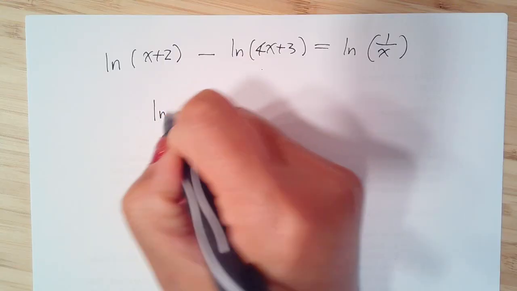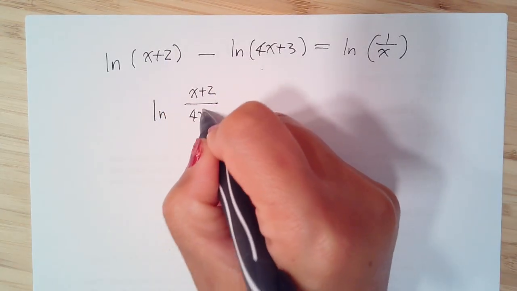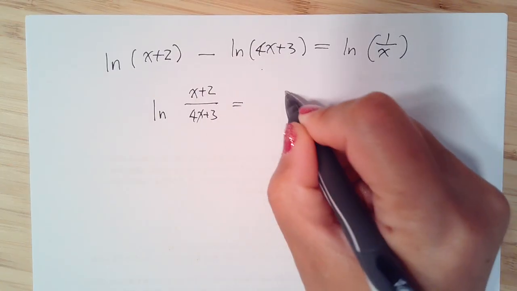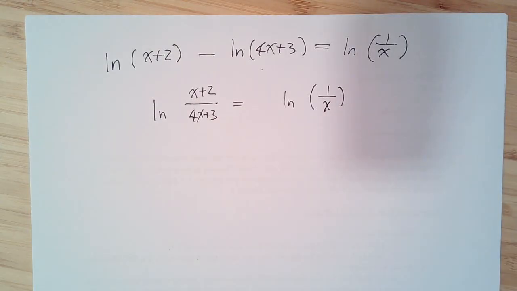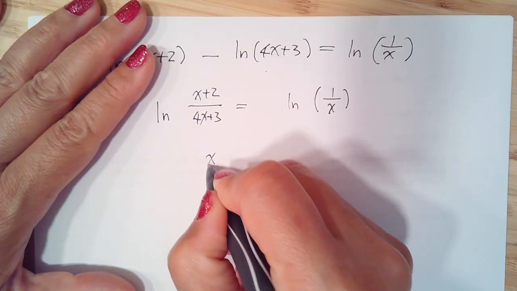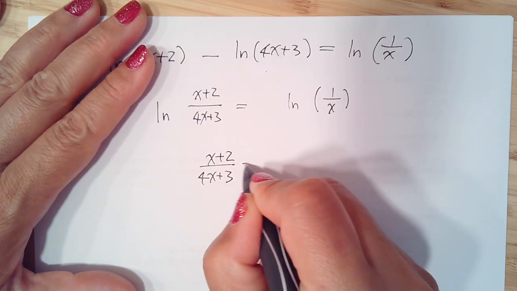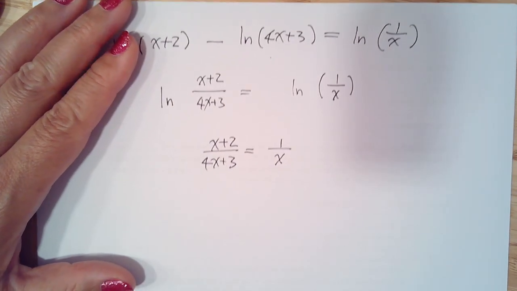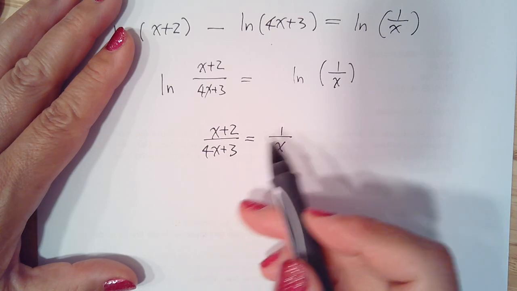So I get ln of x plus 2 over 4x plus 3 equals ln of 1 over x. Log a equals log b, which means a equals b. So we get x plus 2 over 4x plus 3 equals 1 over x. And then we do cross multiply. So this x plus 2 times x, 1 times that, and equal.